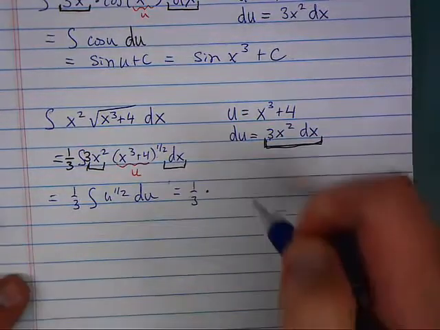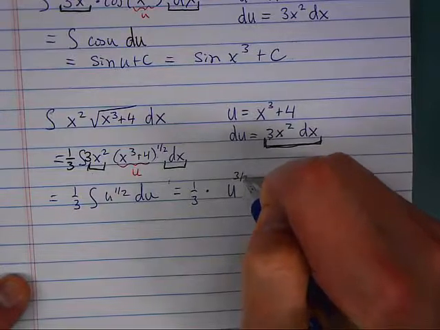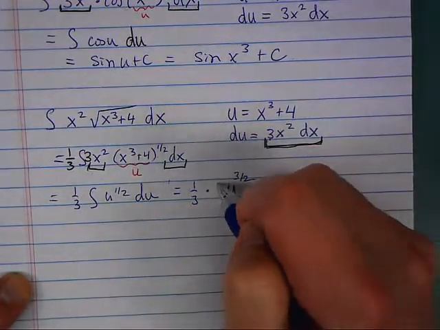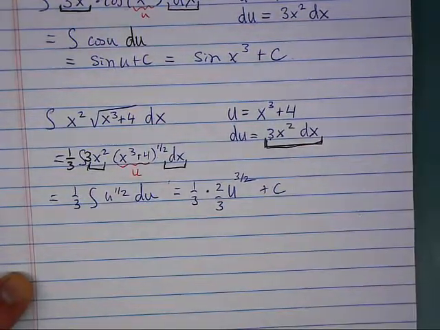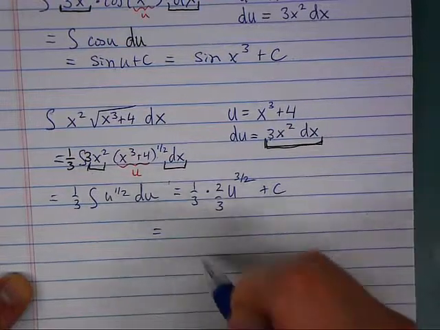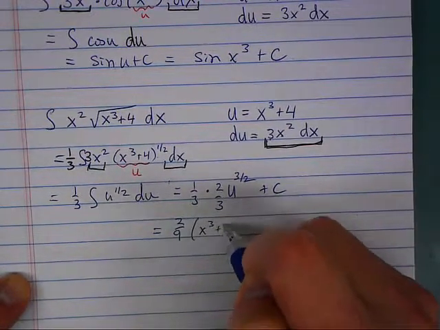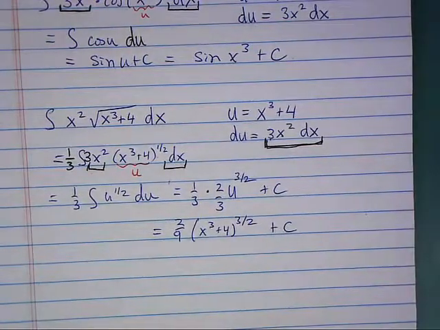It's going to be u to the, what power? 3/2. Flip and multiply by 2/3. Plus c. Final answer, I put my x's back in. My final answer looks like 2/9 x cubed plus 4 to the 3/2 plus c.